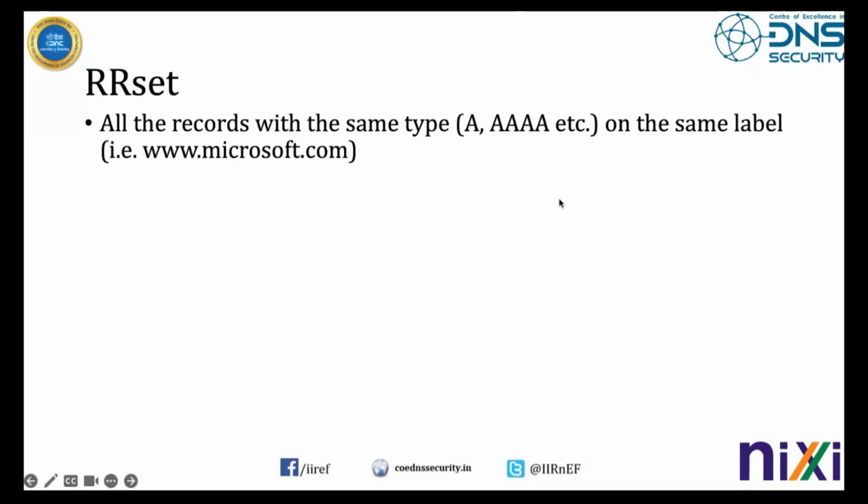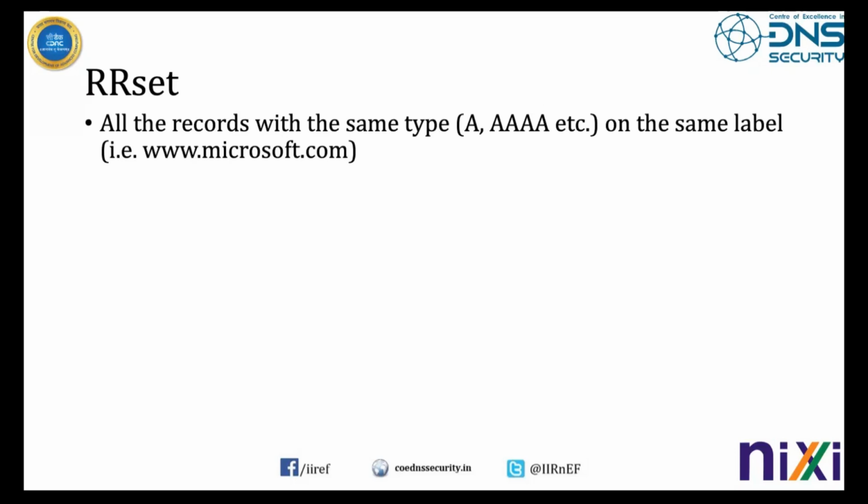Now next is RR set. An RR set is basically all the records with the same type on the same label. So what does it mean? You would have seen that many websites have multiple A records. For example, you can look for Microsoft.com. It will have multiple A records, and multiple IPv6 records, basically the AAAA records.